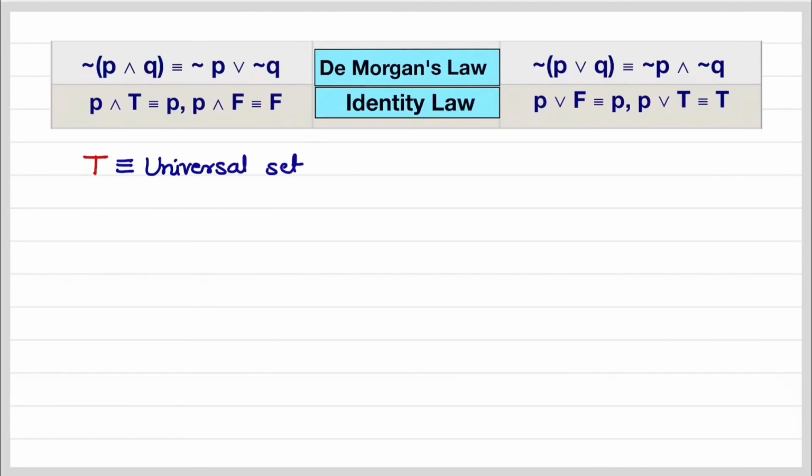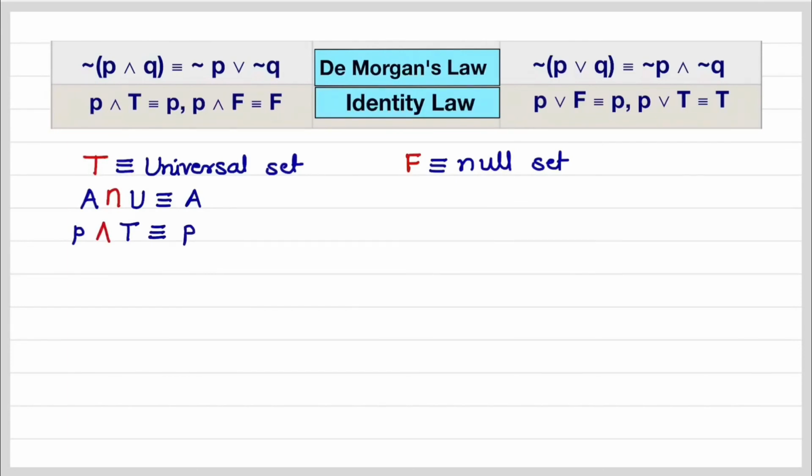In set theory, we know A intersection the universal set, denoted by U, is equivalent to A itself. Now replace intersection by conjunction and U by T, we get the identity law: P and T is equivalent to P.